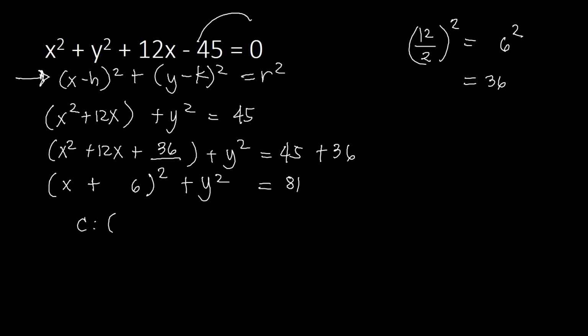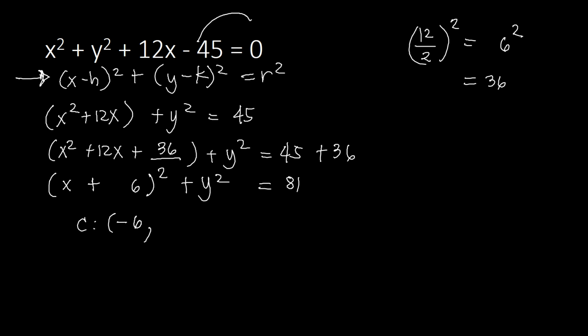So automatically, we know that this is gonna be negative 6. Because if you try to fill it in on x minus and your h is negative 6, that would create x plus 6. So please know that once you have a plus in here, automatically get the opposite sign, and that will be the value of the coordinate.